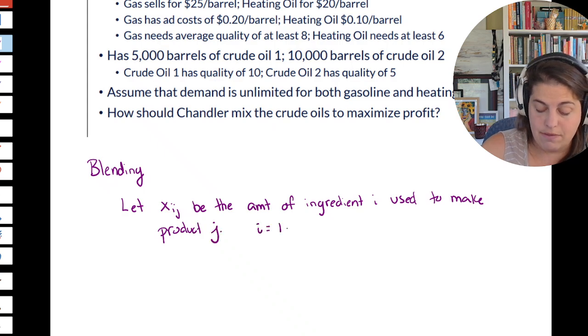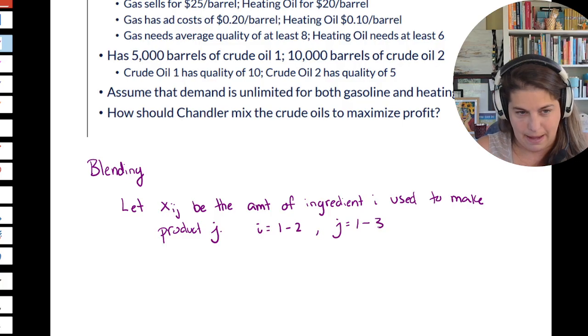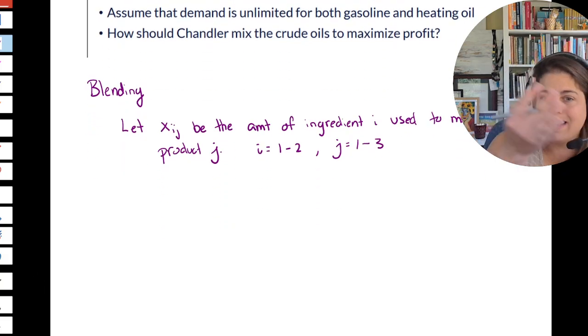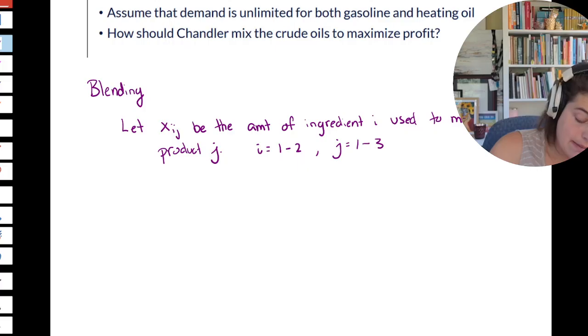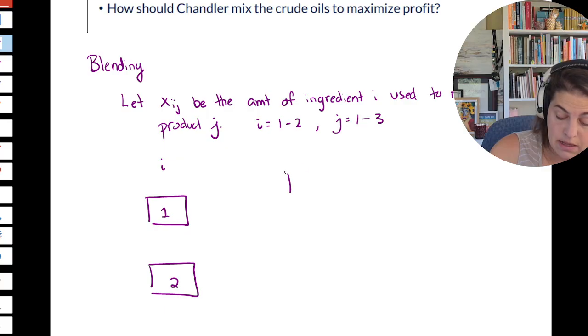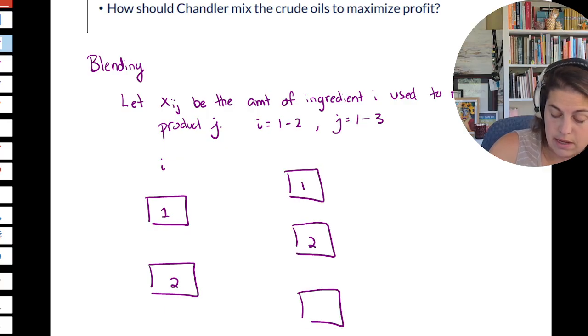And then it's however many ingredients you have and however many products you're making. In this little abstract example, I have two ingredients, one and two, so these are my i's, and I'm using that to make products one, two, and three.